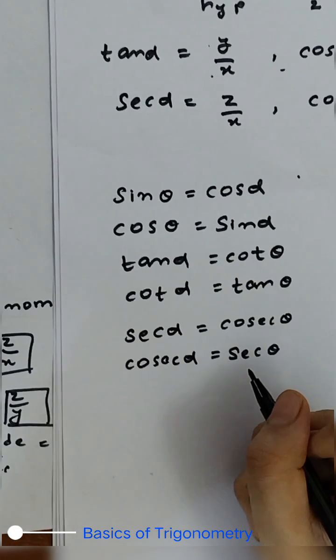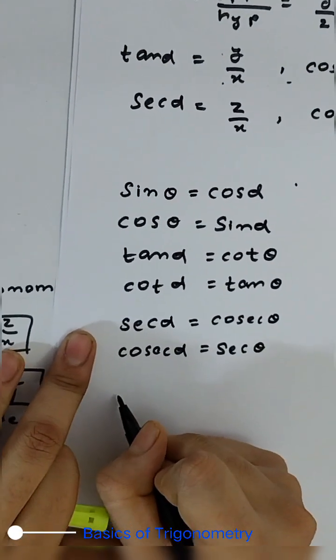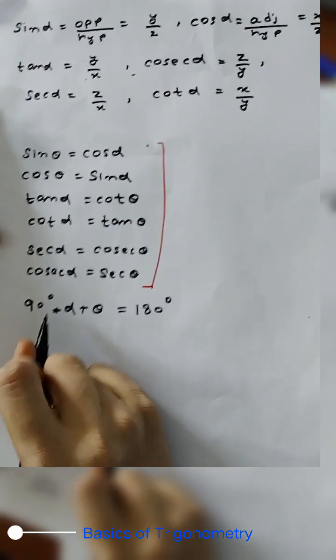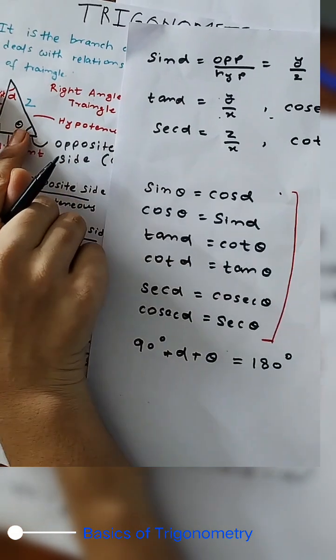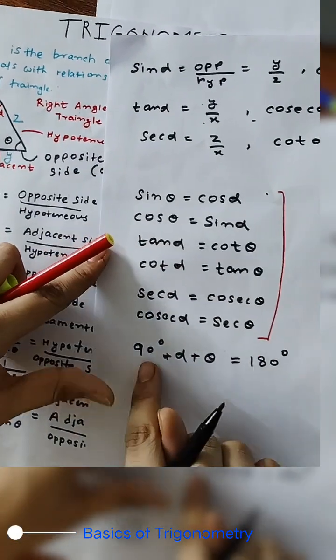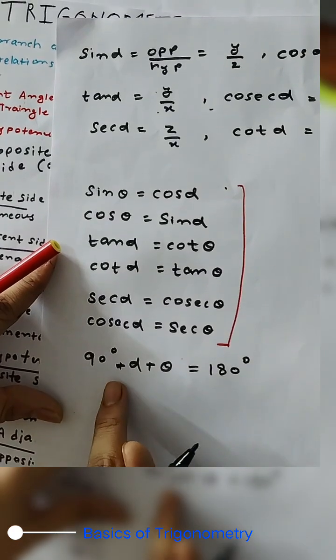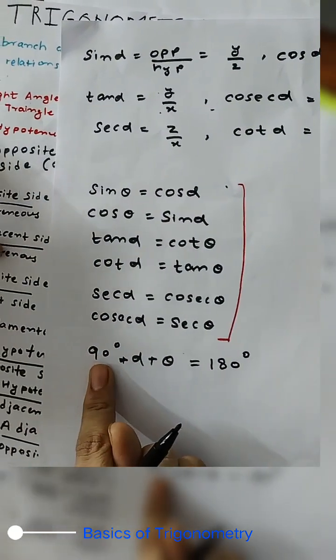Now if we talk about the triangle, we know that the sum of all the angles of a triangle is 180 degrees. So we have a 90 degree triangle. Now we have proved the above relations for theta and alpha of a right angle triangle. So we have one angle of 90 degrees, another of alpha, another of theta.